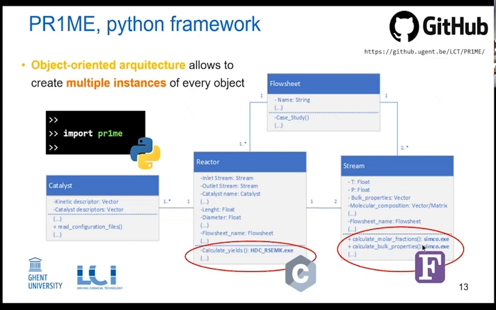Prime combines the two in order to make it much easier to perform simulations of different scenarios and to combine them according to the flowsheet and the process configuration that is required to be modeled. Having two separate software packages, it's more complicated to evaluate different scenarios, such as reactors in parallel or in series. Now, having a Python framework, it's easier to combine and manage them.